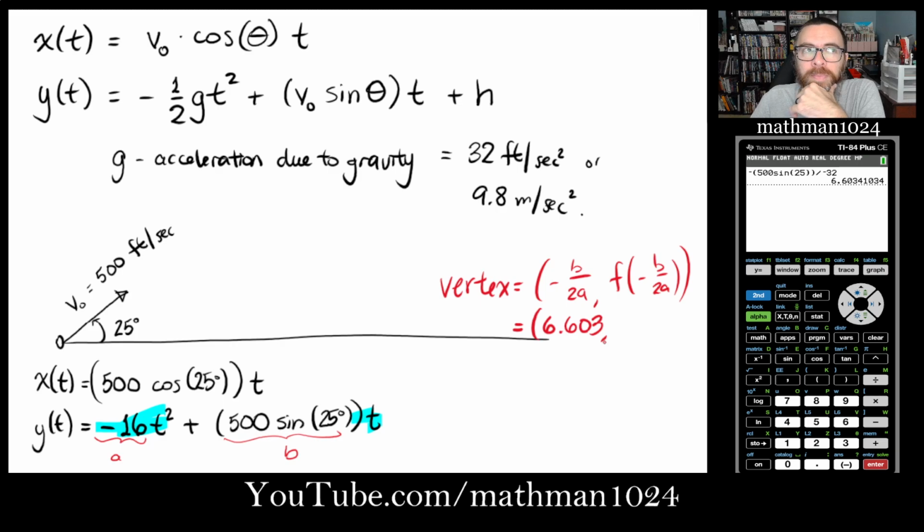We want to know what is that actual value, so we can just plug that into the y value here. So let's do this. I'm going to store this in for my variable, and we're going to evaluate this. So negative 16 t squared plus 500 sine of 25 degrees times t.